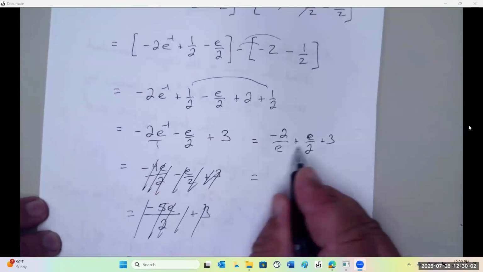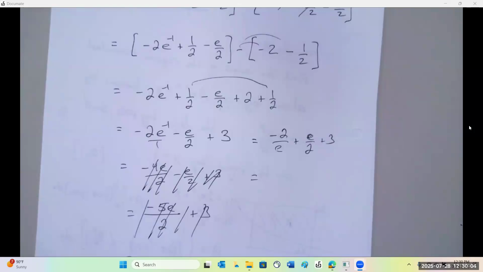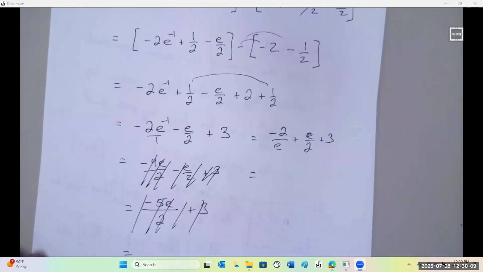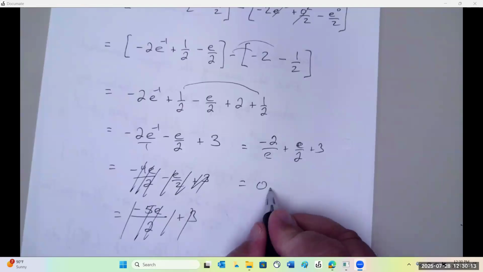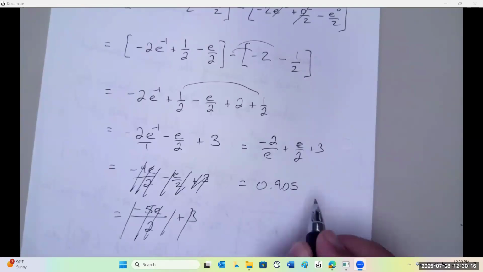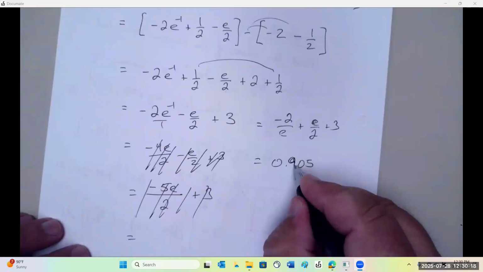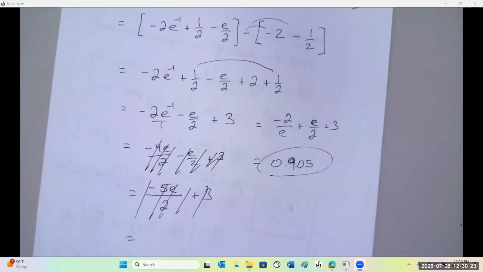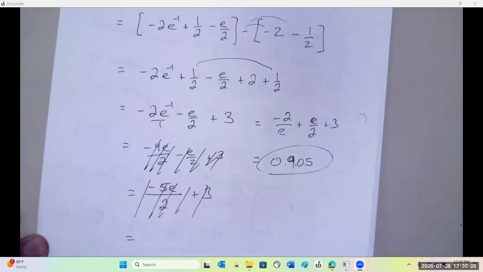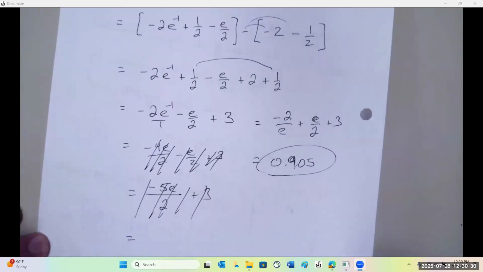So now we can't combine them, so we just plug in the calculator. Yeah, it's 0.905. Because they're all numbers. All right, let's look at another example. Because then we're going to switch them around.